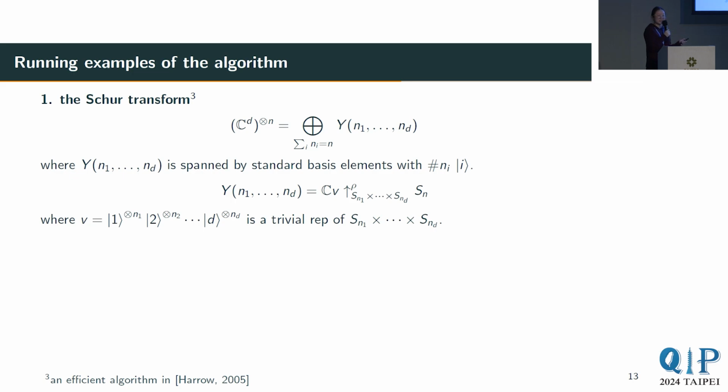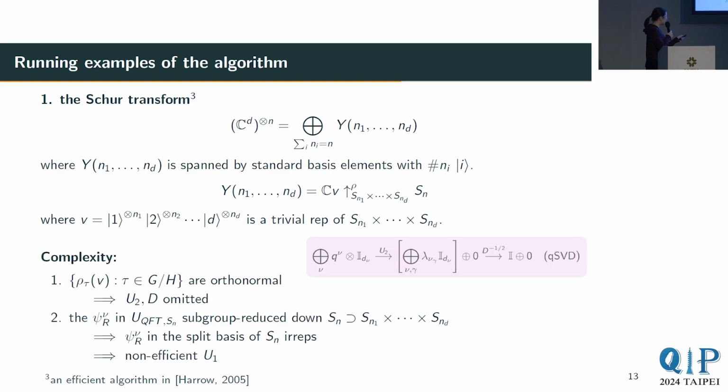And this in particular means that this is a generalized induced representation. The complexity of our algorithm can be easily characterized. First, notice that the vectors tau v are just standard basis elements, so they are orthonormal. So the multiplicity separation, essentially the orthogonalization, can be omitted.